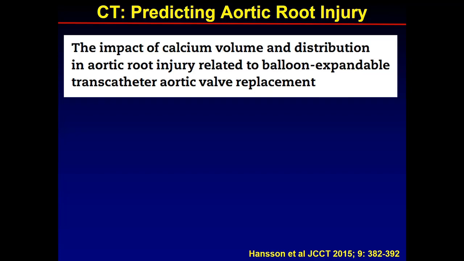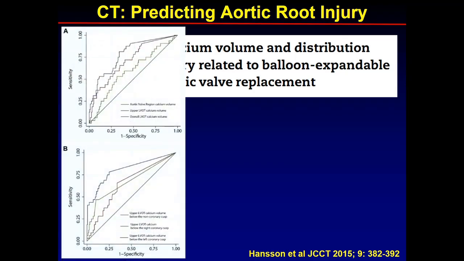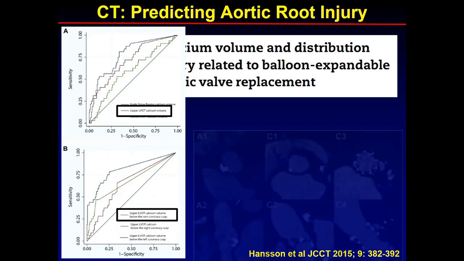Now, Jonathan is very familiar with this paper in terms of looking at what the impact of calcium in the aortic root does, and this is balloon expandable valves, not self-expanding valves. But what was shown in this study, obviously, is that upper LVOT calcium increases your risk dramatically of having aortic root rupture, and also the fact that it's involving the non-coronary cusp.